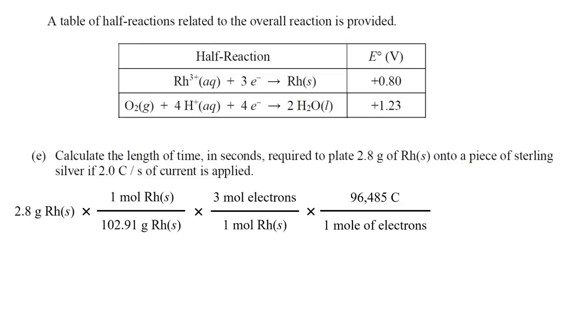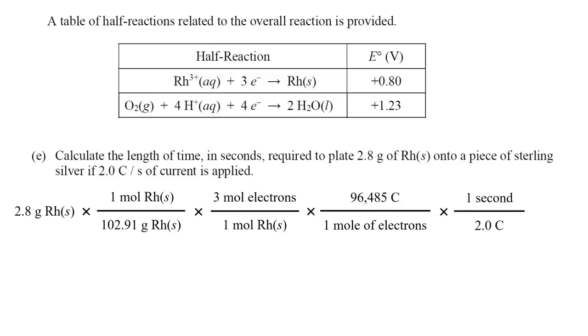And I would like seconds to be on top and coulombs to be on the bottom. So my last conversion factor puts 2.0 coulombs on the bottom to get those units to cancel out, and then 1 second on the top. So very clear, I'm going from grams of rhodium to moles of rhodium to moles of electrons to coulombs of electric charge, and then finally from coulombs of electric charge to seconds, or time, so time in seconds.